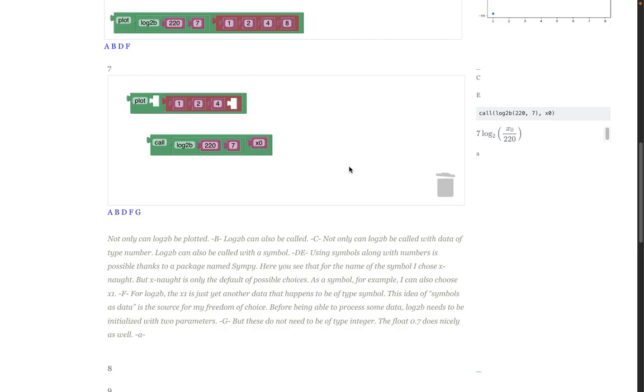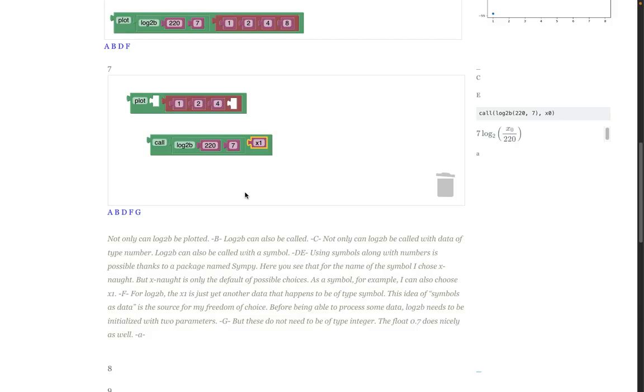Here you see that for the name of the symbol I chose x0, but x0 is only the default of possible choices. As a symbol, for example, I can also choose x1. For log2b, the x1 is just yet another data that happens to be of type symbol. This idea of symbols as data is the source for my freedom of choice.